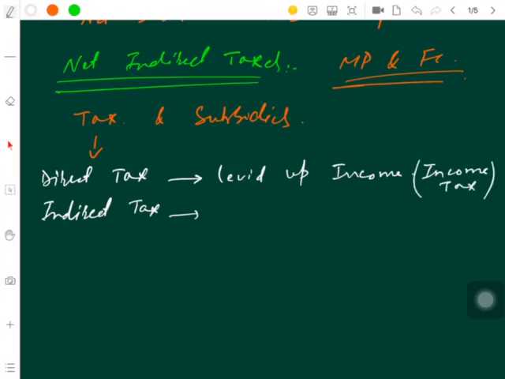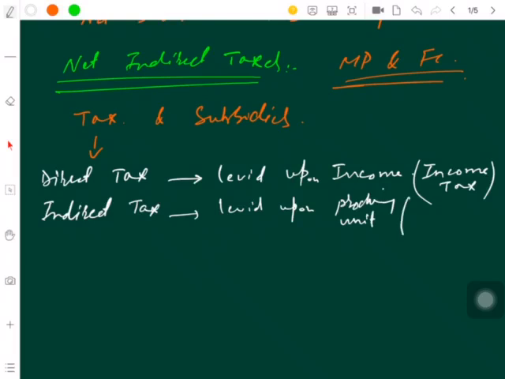Indirect tax is levied upon the, say, producing units. We'll keep our terms a bit simple for some time being.